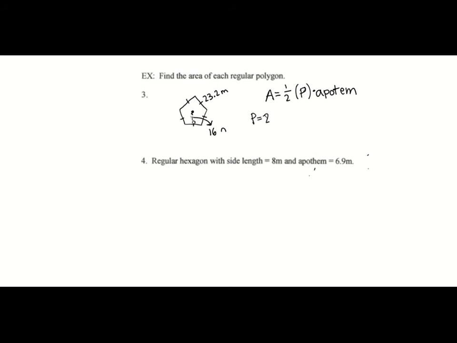So if I take 23.2 times 5, that gives me 116. So now I can plug that in above. I have 1/2 times 116 times my apothem, which is 16. Plug that into my calculator, and my total area is 928 meters squared.